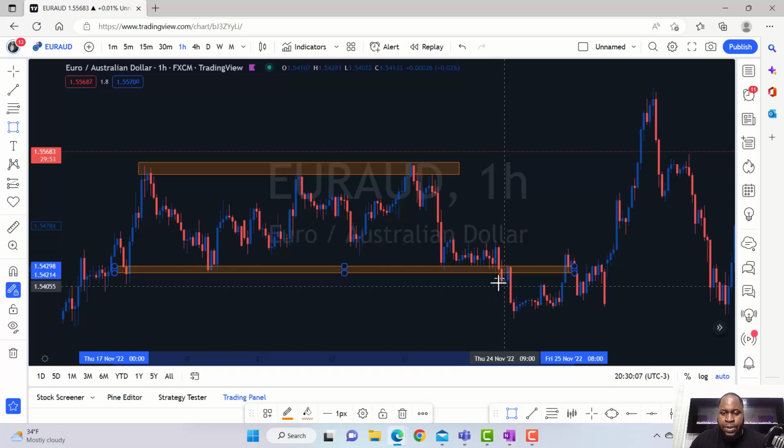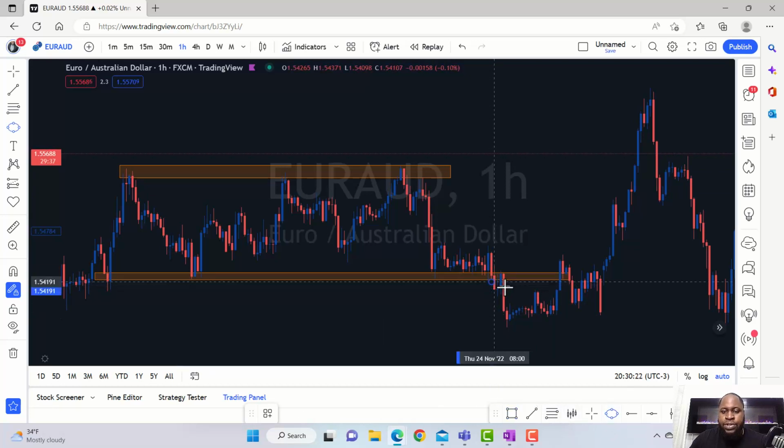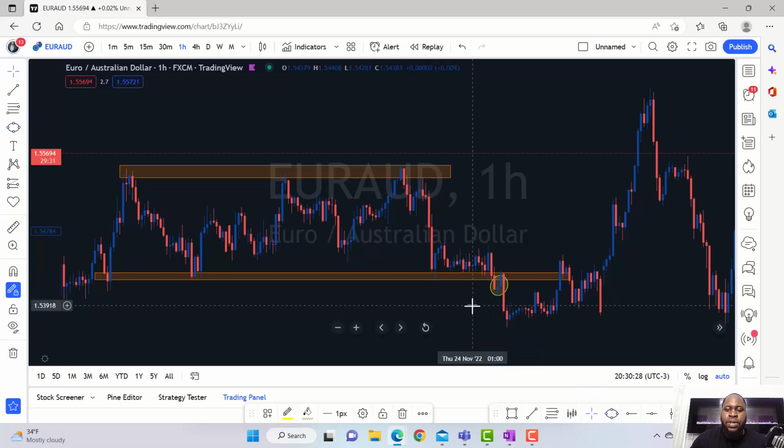Over here on the sell side, we have a solid candle that closed below the area of support, and then I want to see the retest of that zone. But as I'm seeing this in the live market, I want to drill down to the lower time frame. So we're going to go down to the 15-minute and see if there was an opportunity for us to enter this trade after a retest.